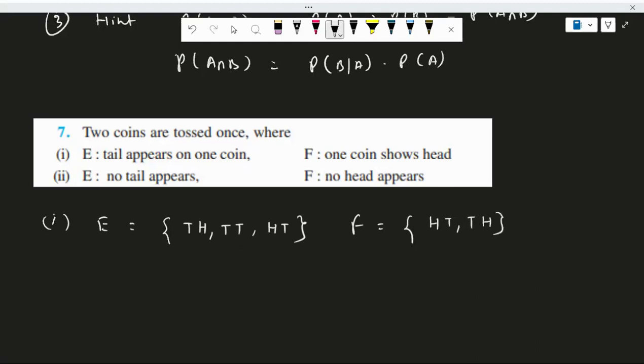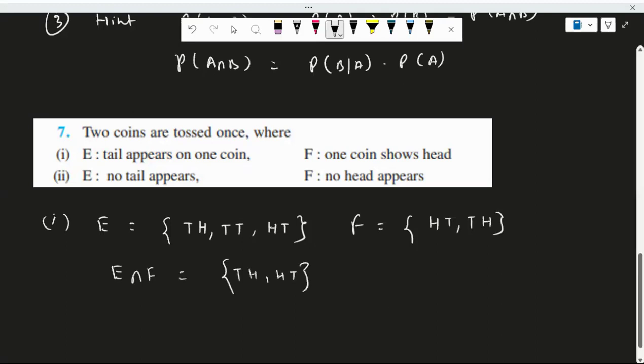Tail appears on just one coin, so TH and HT. So E intersection F, that is TH and HT.